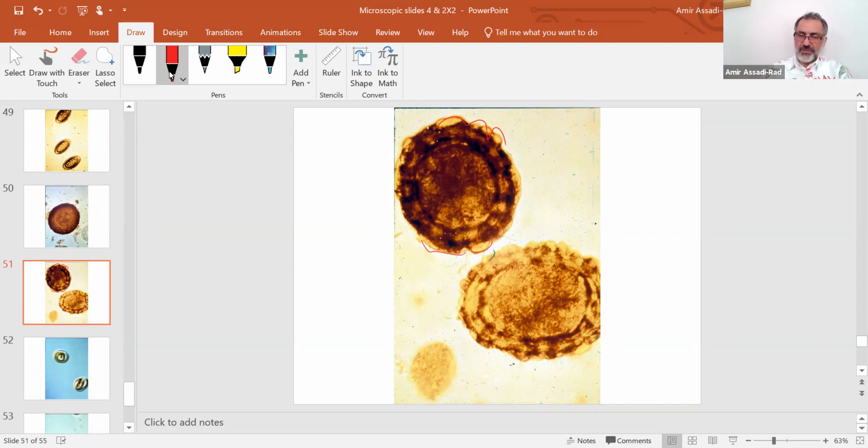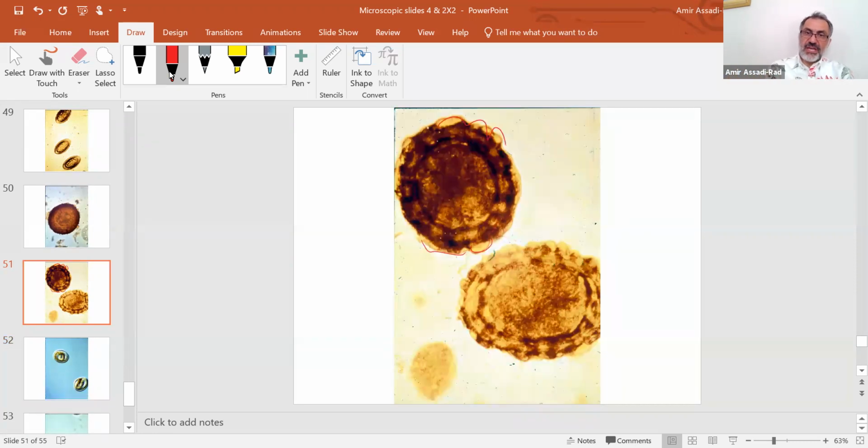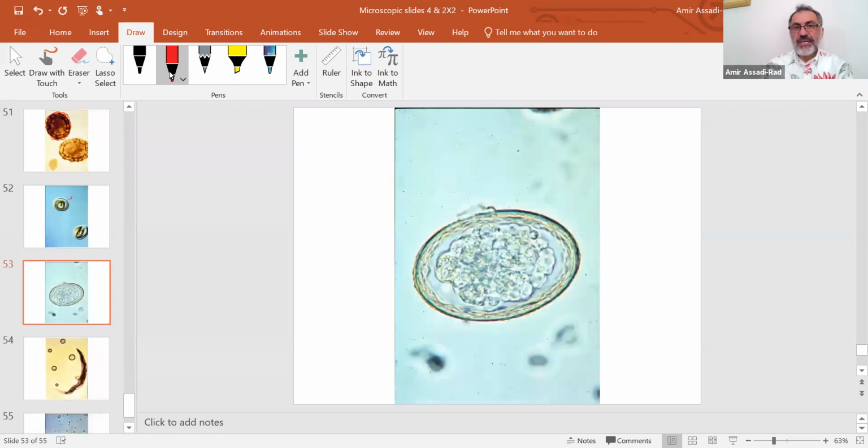Okay, the egg loses its thick shell, and they become L3, and the L3 can get out. Same thing as Ascaris lumbricoides, and if they get out, they can infect a human in the food and so on and so forth. This is Ascaris in wild carnivores.